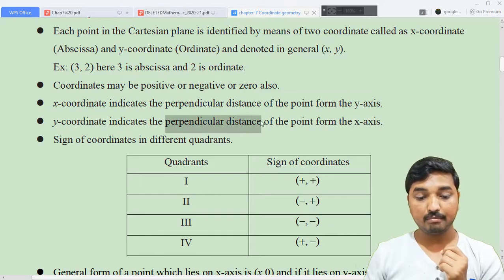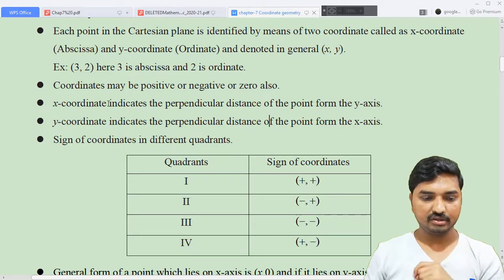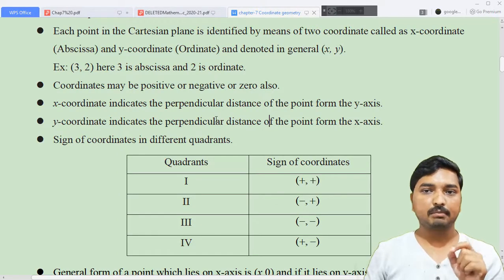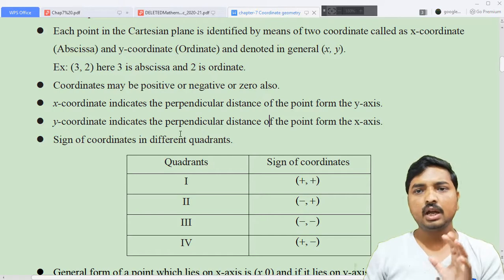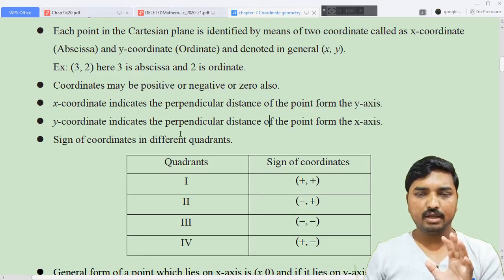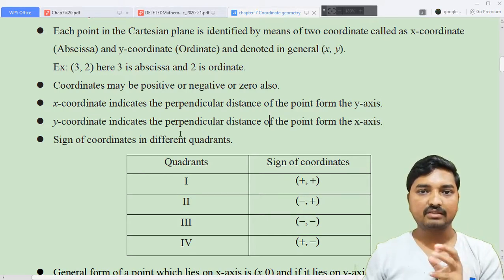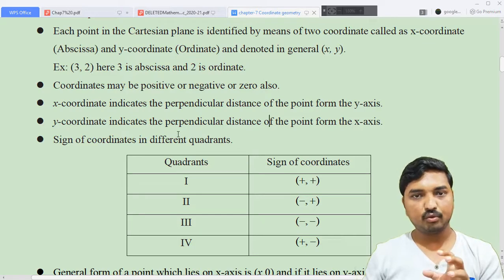You have to say perpendicular distance, it is very important. Remember this, because this type of sentence may be asked as a 1 mark question, so I'm adding it here.